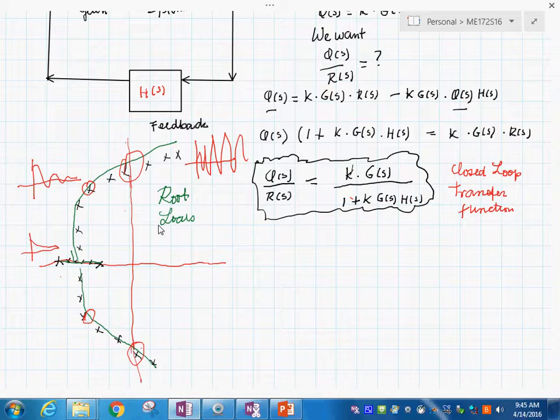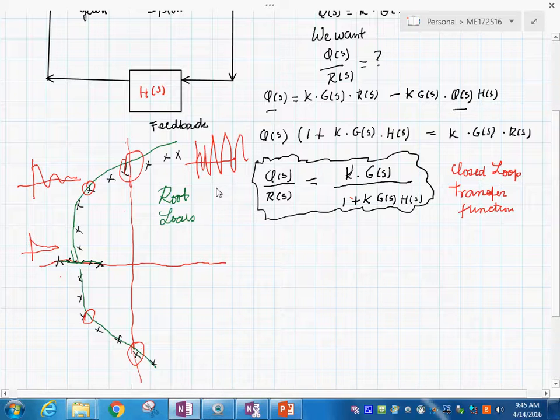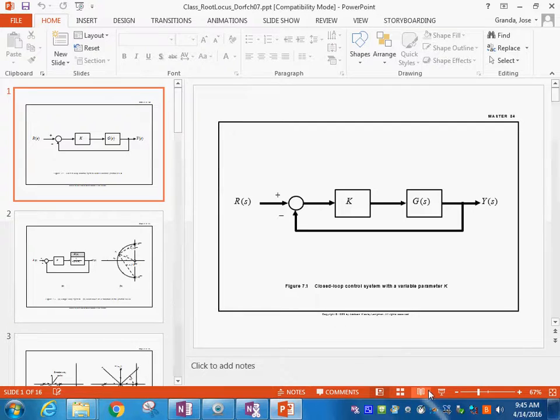So that's where we're going. But first of all, let's just look at some slides that I have expanding the concept of what I've just told you.